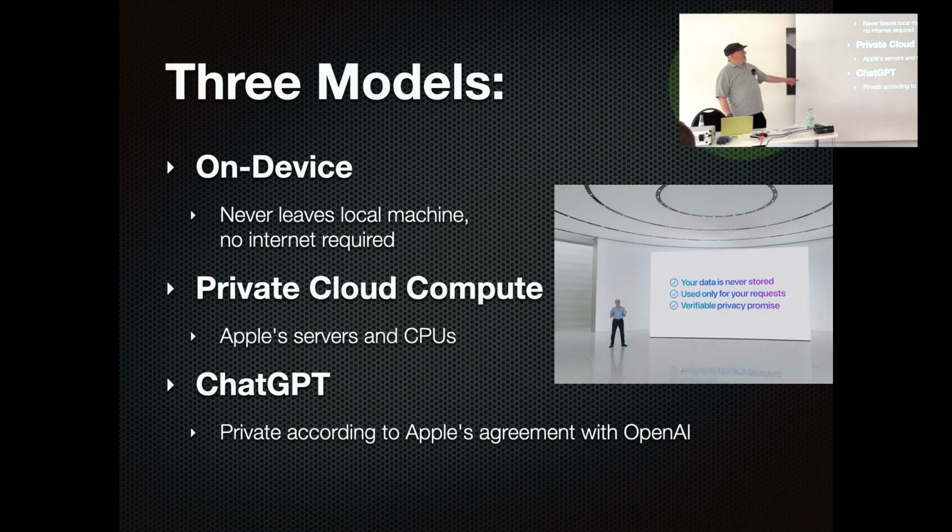Apple also has Private Cloud Compute, which runs on their own servers, and they've engineered a whole complicated system to guarantee that the data is all encrypted coming in. After it's finished, it only takes the data that it needs to solve whatever AI question you've given it, and then it deletes all that.